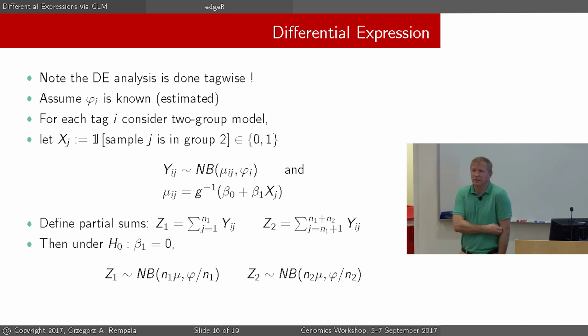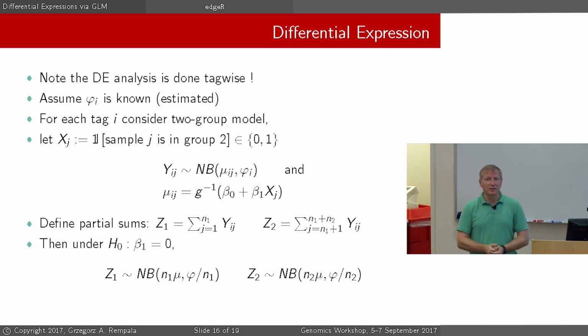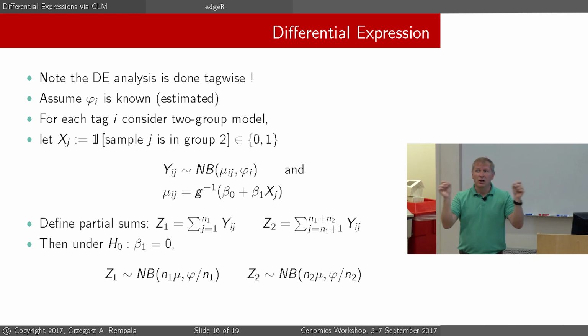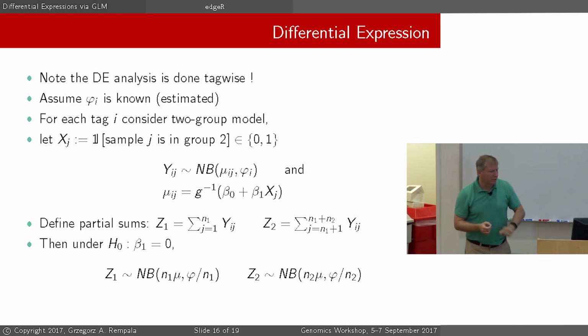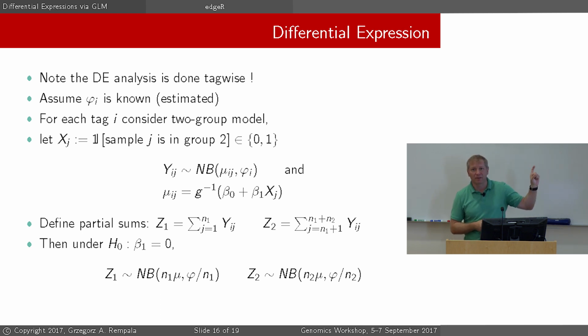But if G is, for instance, identity, then it is really an average between these two groups. So the idea is that I can have this parameter that represents the difference between the two groups. What I would like to do is use this to say which of the genes in my analyses across these two groups are going to tell me the most about this parameter. That's how I'm going to identify the differential expression.